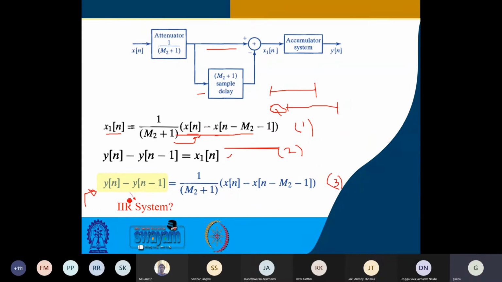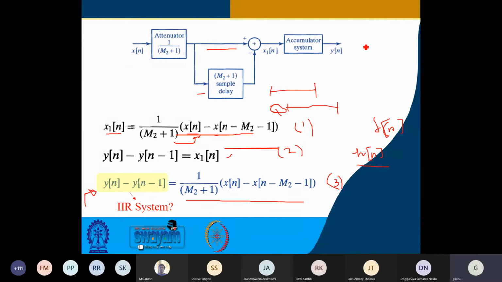So consider this system only. Give del n as input. Whatever you get is your yn. If xn is your del n, yn will be your hn. Can you substitute and check that this hn will be non-zero only for some finite values and will remain zero after that?